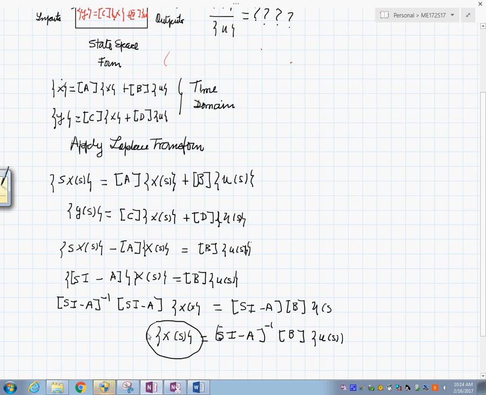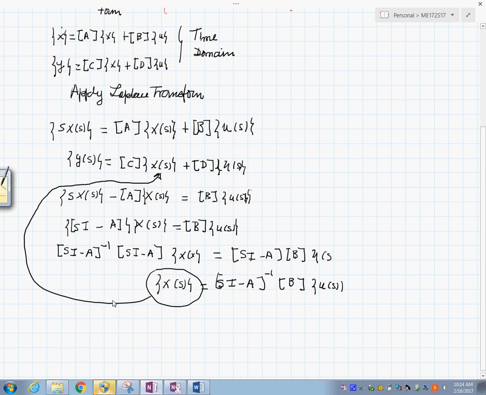If you replace this in here, see, what do you get? You're going to get, let's just say y of s. I'm just going to remember these are vectors.